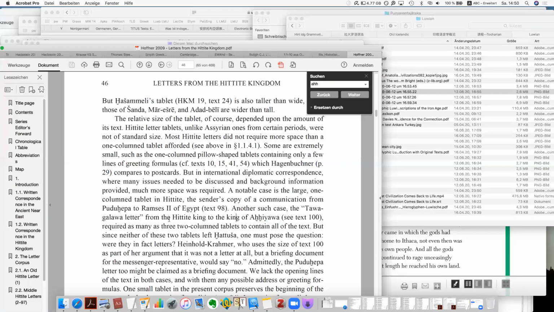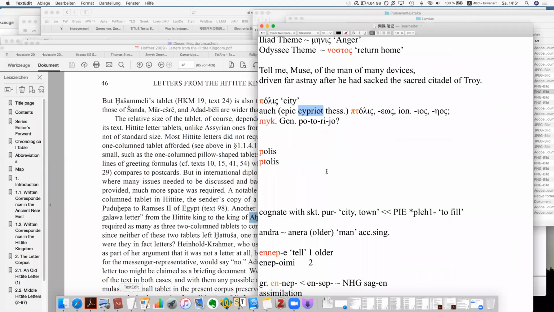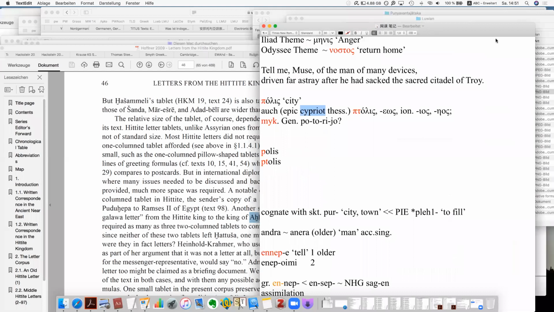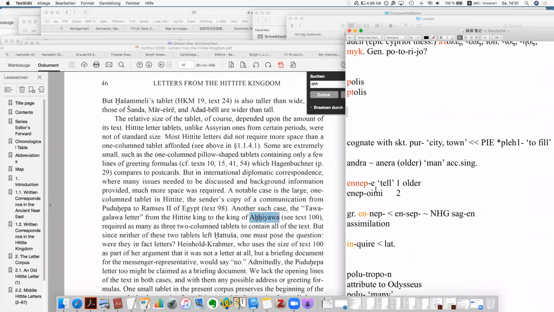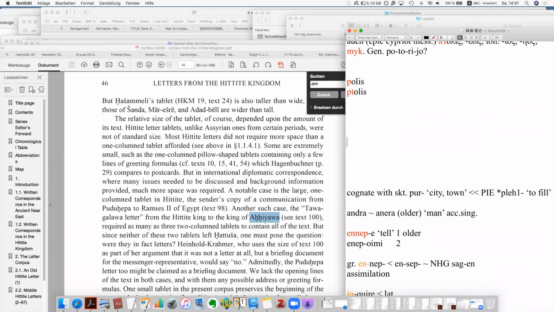Yes, this is actually the place called Ahhiyawa in the Hittite documents. So in Greek, the Greeks are called Achaeans. This is Greek, of course. And then in Hittite, it is called Ahhiyawa.